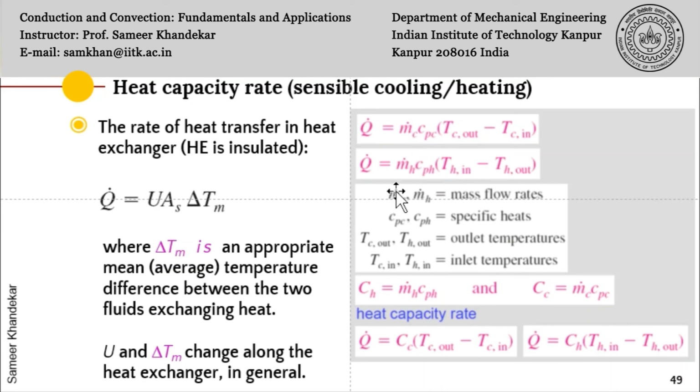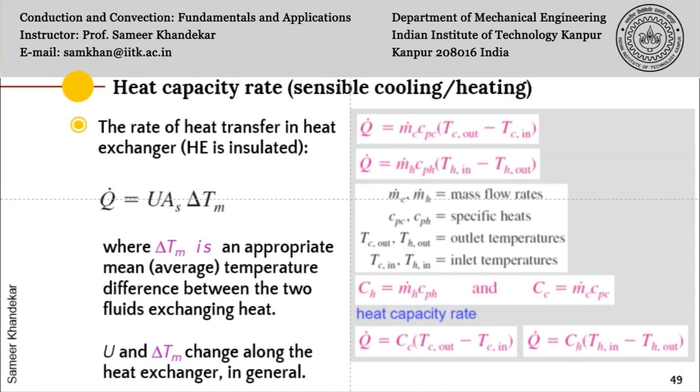And we usually club them and term it as capital C. So this small c is the specific heat at constant pressure of the fluid, and this Ch is the thermal inertia, so m dot h into Cph, and similarly capital Cc will be equal to m dot c and Cpc. So you can write this equation as Q dot is equal to Cc into delta T cold, and that is also equal to Ch into delta Th.